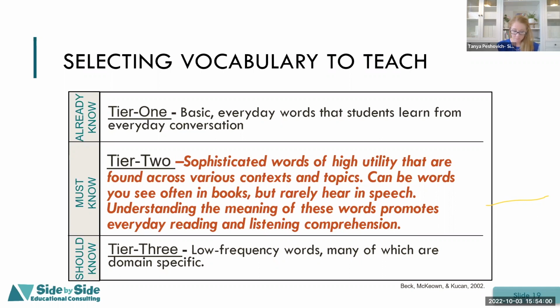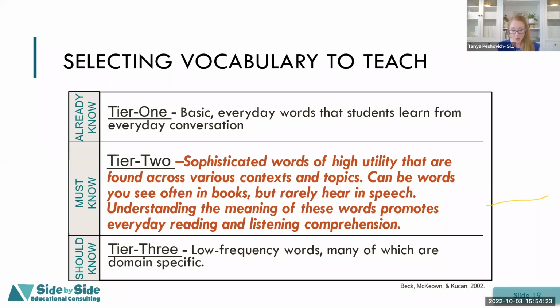So content area teachers, for those of you who are really honing in on tier 3 words, I'm going to ask you to look at tier 2 words in addition, and we'll talk about how to help best support students with those words.